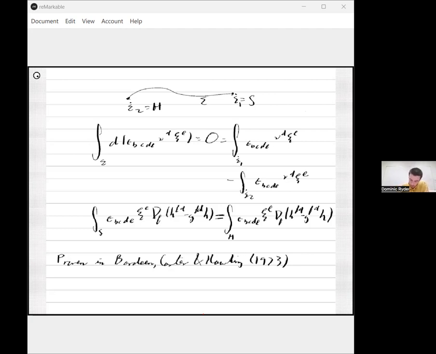So it's proven in Bardeen, Carter and Hawking, 1973.